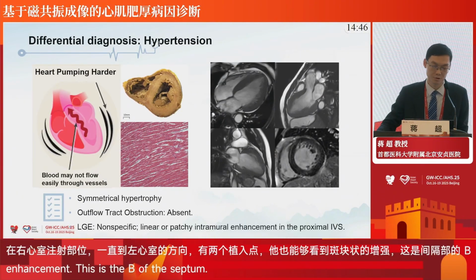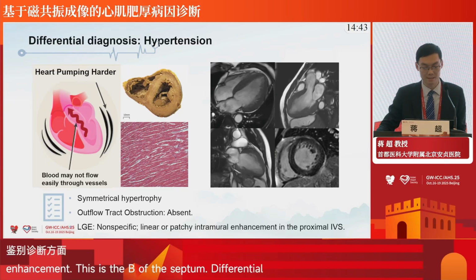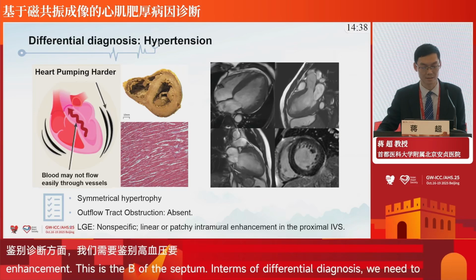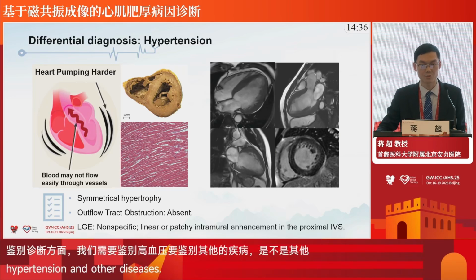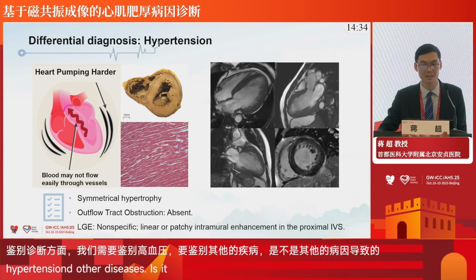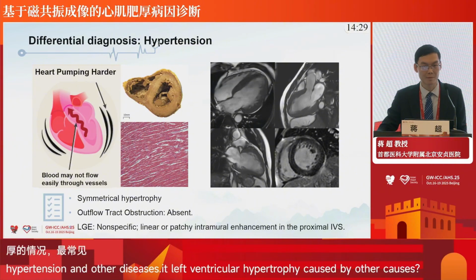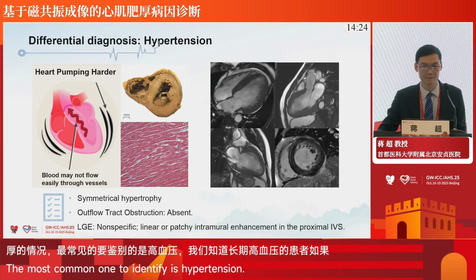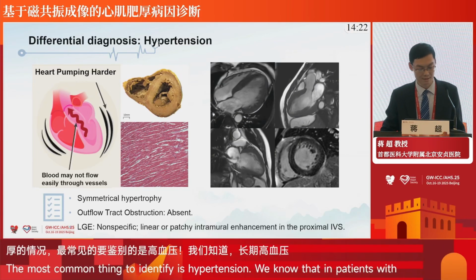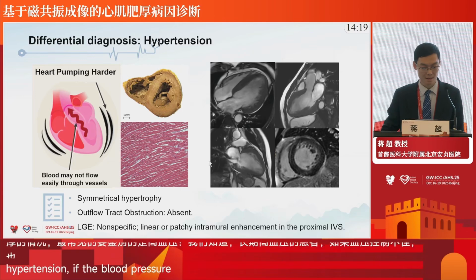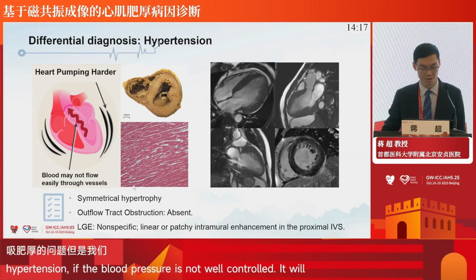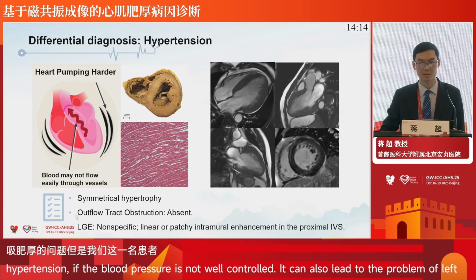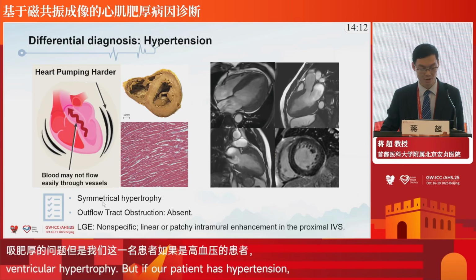Also, we should differentiate this patient from other diseases that can lead to left ventricular hypertrophy. The most common is hypertension. We know that in patients with long-term hypertension with uncontrolled blood pressure, it can also cause left ventricular hypertrophy. However, in patients with hypertension, the hypertrophy is mostly symmetrical.